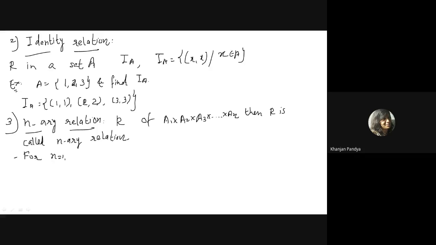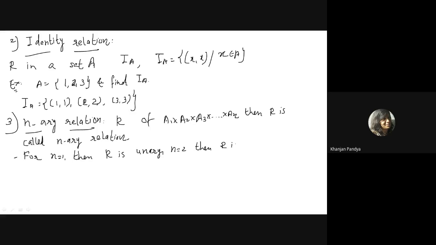That means if R is a relation on set A only, right? Then R is called a unary relation. If n equal to 2, then R is binary, and n equal to 3, then R is ternary relation.